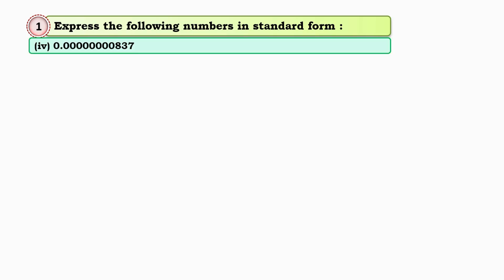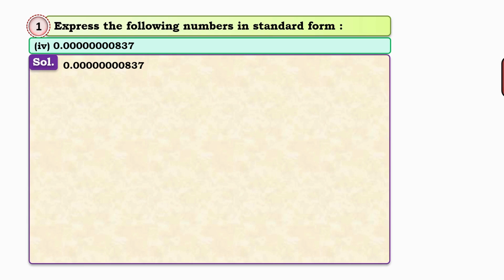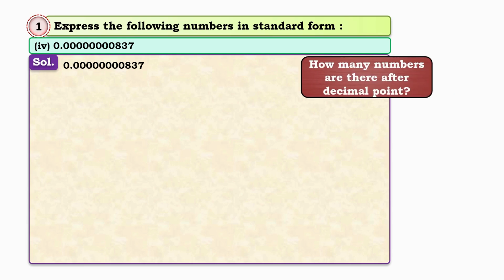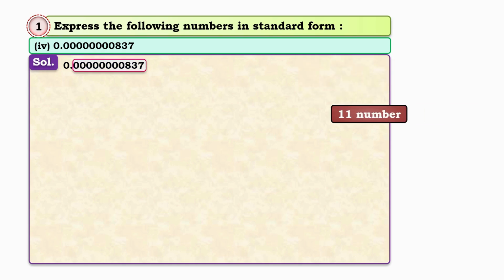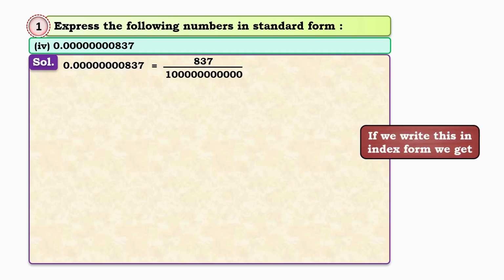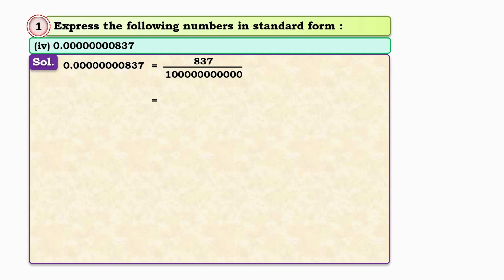Now, another problem with decimal. Again, we have to count the numbers after the decimal point. So there are 11 numbers. So 837 by 10 to the power 11.